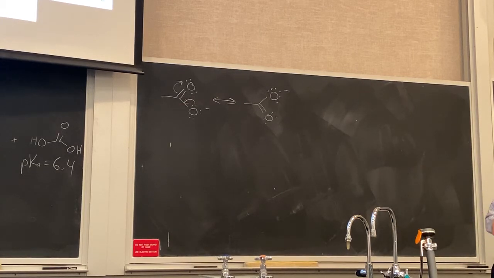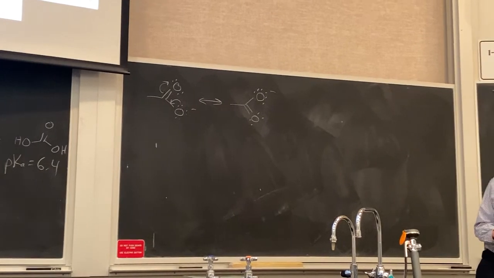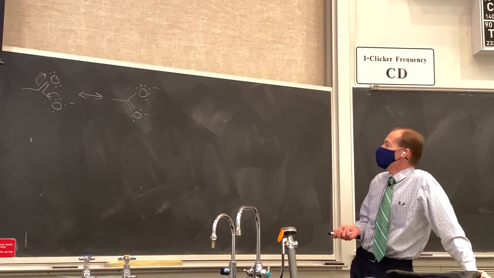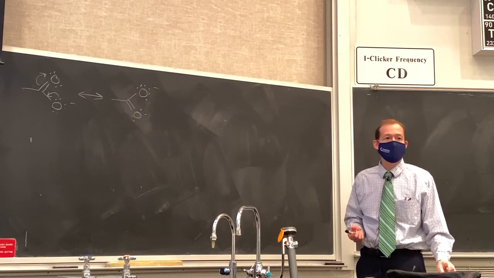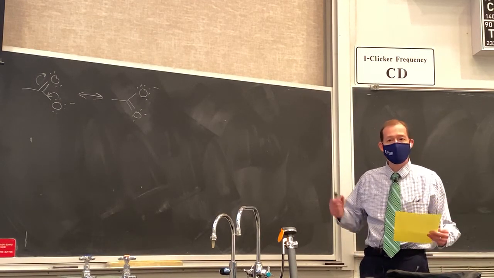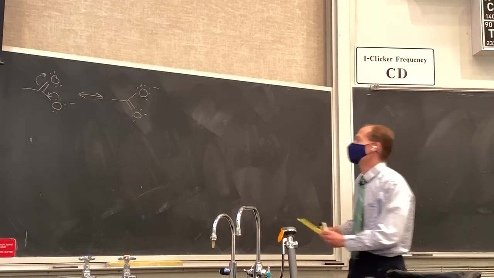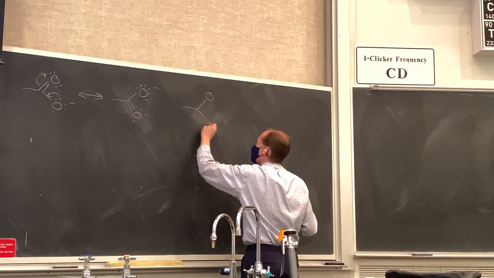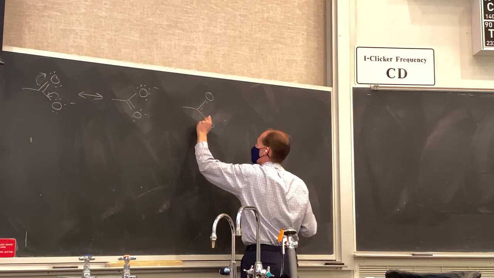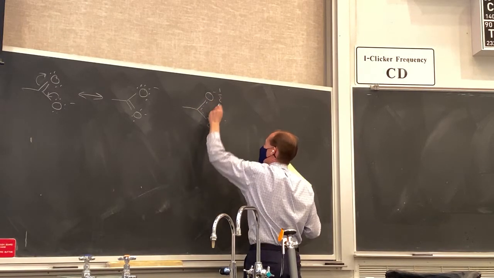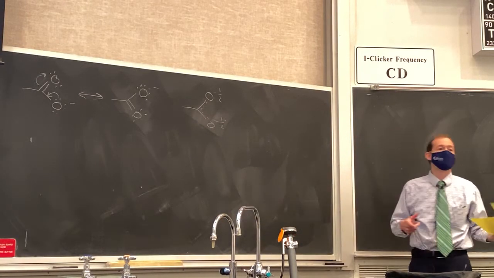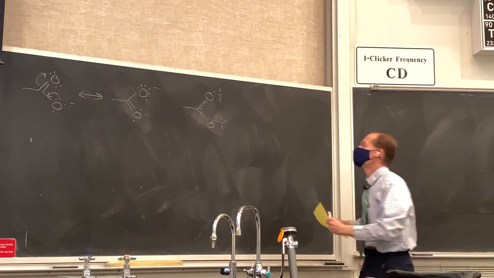These are equivalent resonance structures, meaning that they are equal in energy. And so that also means that the negative charge is shared equally between the two oxygens. So we can draw a hybrid structure, looking like this. So we would have -1/2 charges on each of the oxygens.